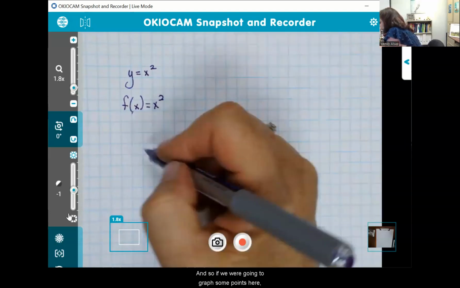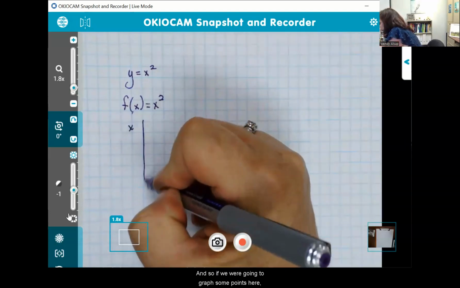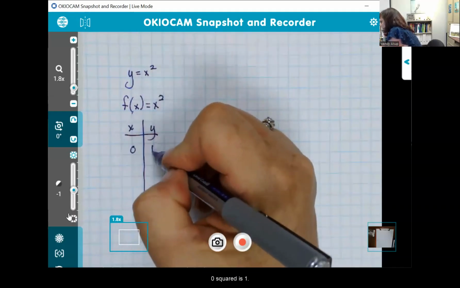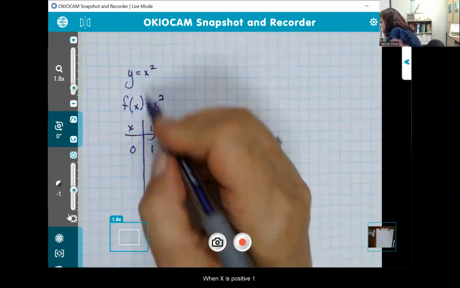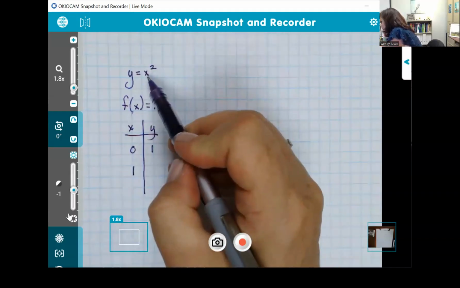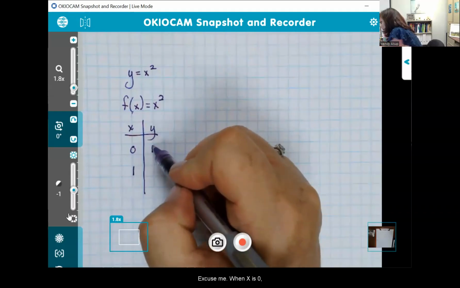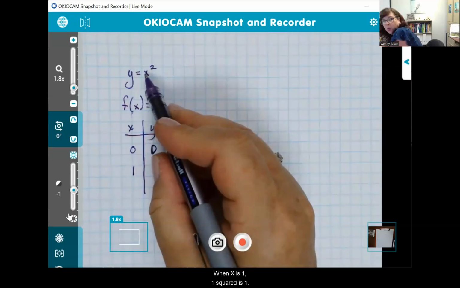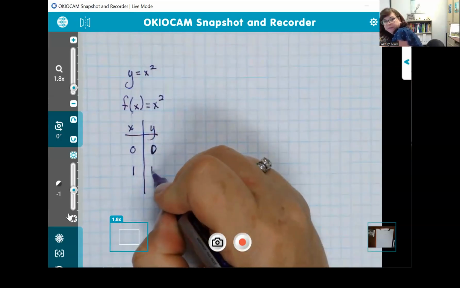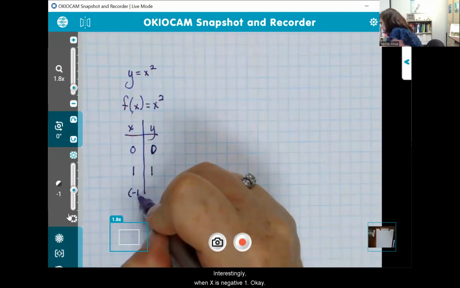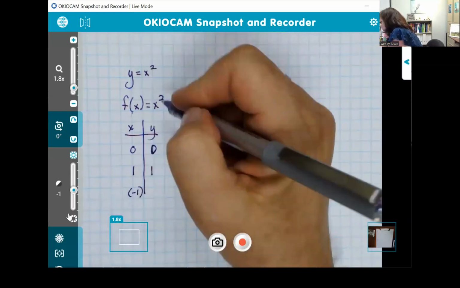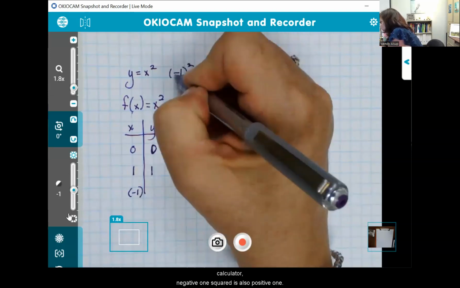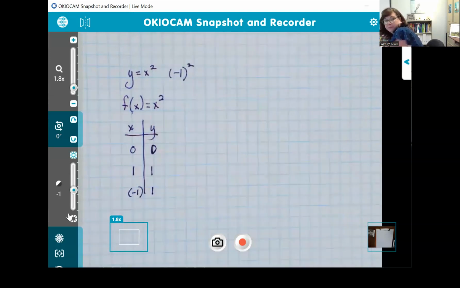If we graph some points, when x is 0, y is 0, since 0 squared is 0. When x is 1, 1 squared is 1. Interestingly, when x is negative 1, if you put that in parentheses on the calculator, negative 1 squared is also positive 1.